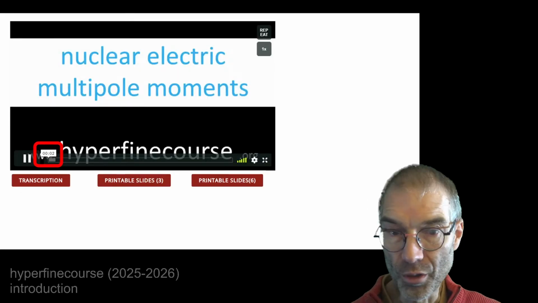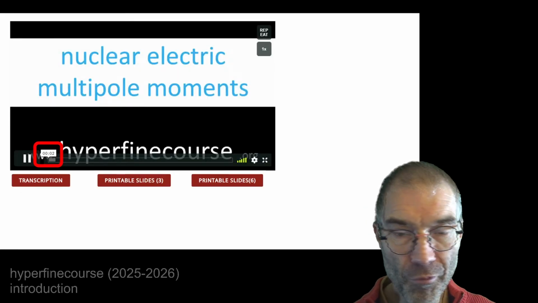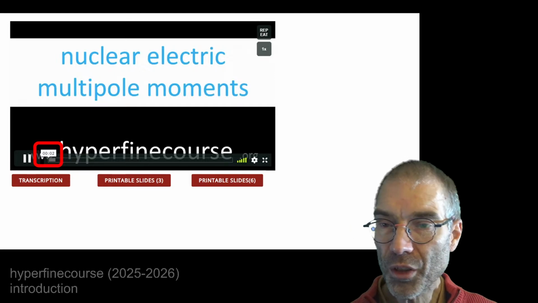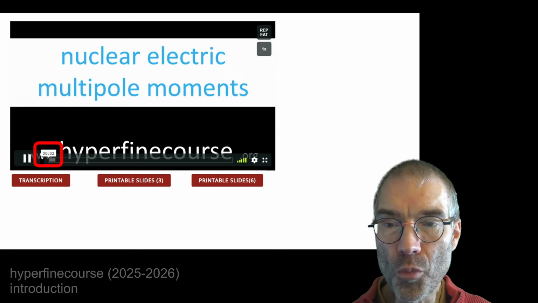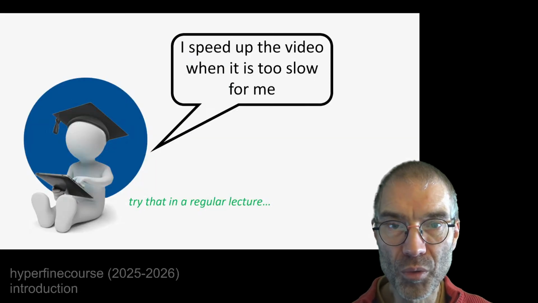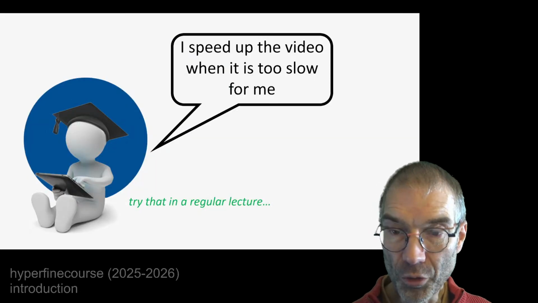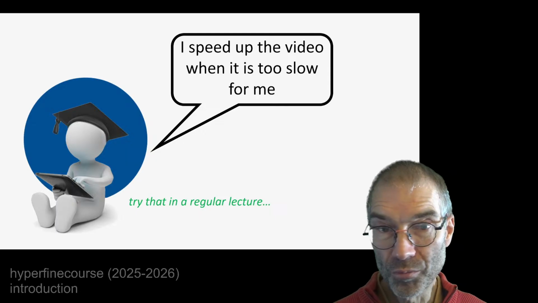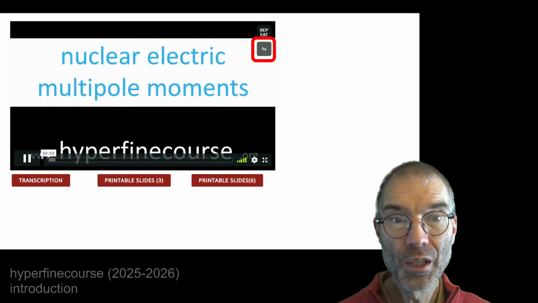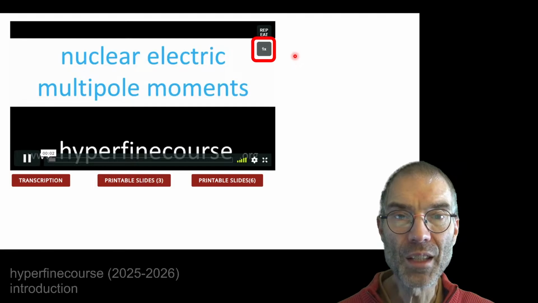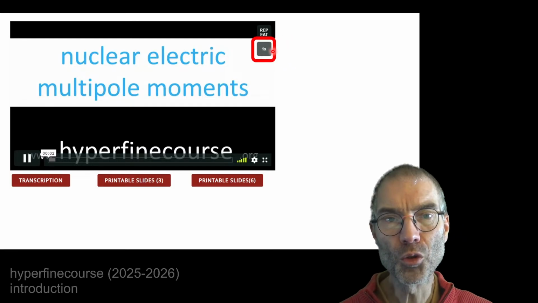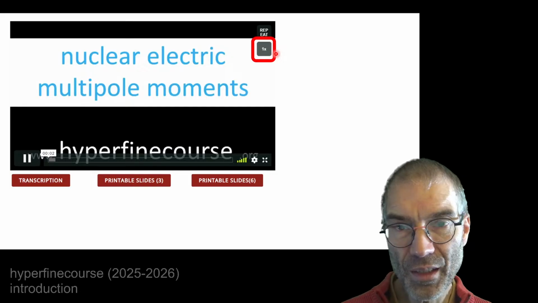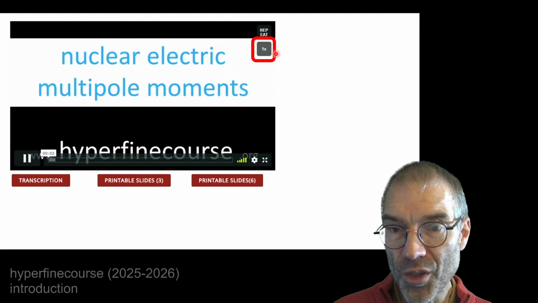You can use the slide bar, that will be very well known to you, in order to go back or jump forward. On the other hand, if the video is too slow for you, then speed it up. In this environment, at the top right side, there is a button where you can change the speed.